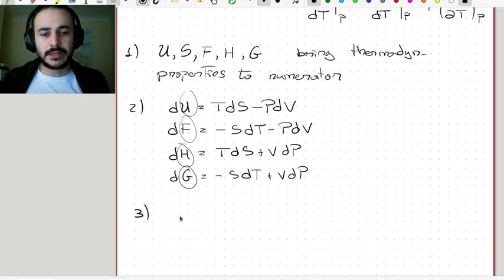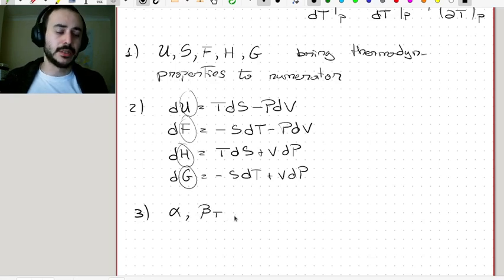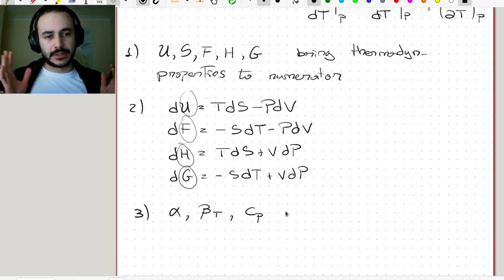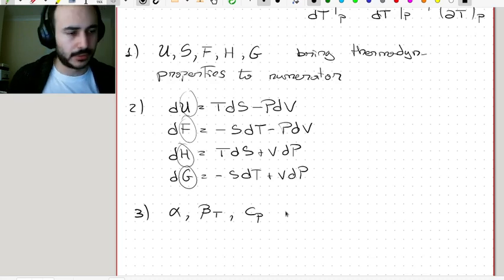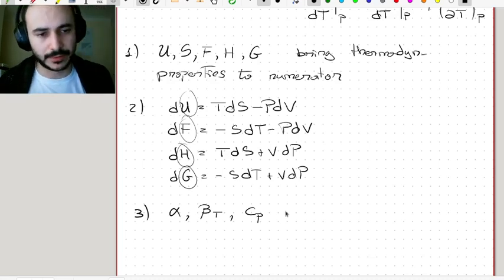Finally we can use again the properties of the partial derivatives to bring into our final expressions the things that we do know: the coefficient of thermal expansion, the isothermal compressibility, and the heat capacity at constant pressure. This is always possible as long as you have a derivative that involves extensive and intensive properties together. They cannot all be extensive or all intensive. This wouldn't work in that case.